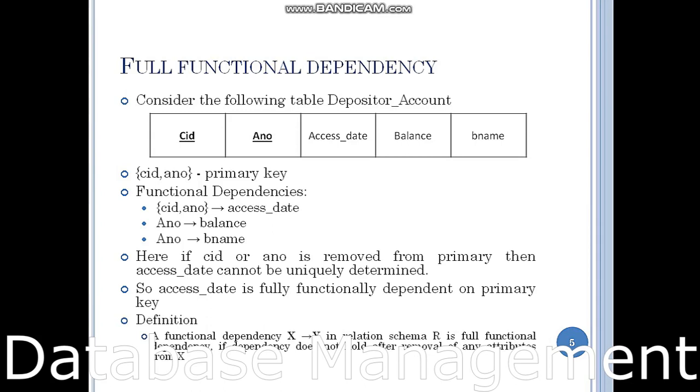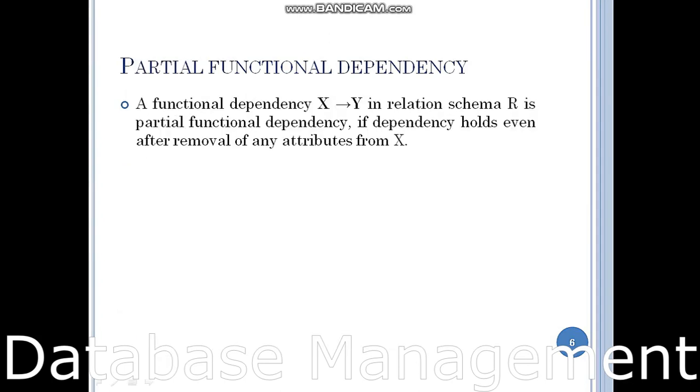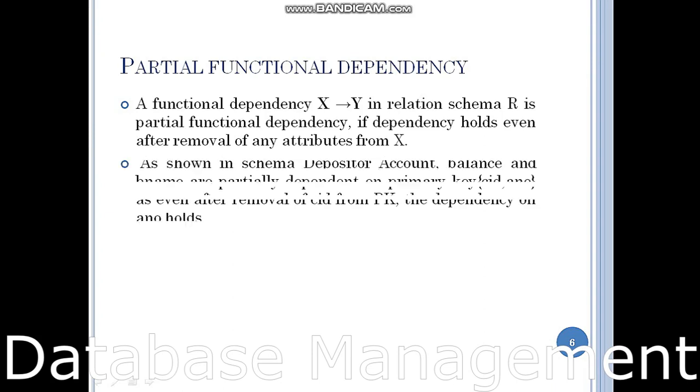Definition. A functional dependency x to y in relation schema R is a full functional dependency if the dependency does not hold after the removal of any attribute from x. Partial functional dependency. A functional dependency x to y in relation schema R is a partial functional dependency if the dependency holds even after removal of any attribute from x.